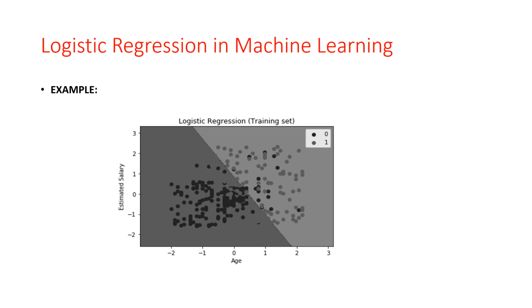Based on the age and salary: for a particular person, what is the age and what is the salary, depending on that we can predict the purchased variable. Here the independent variables are age and salary.